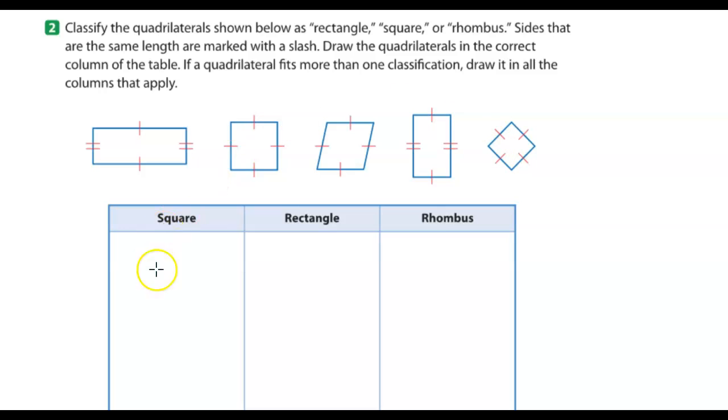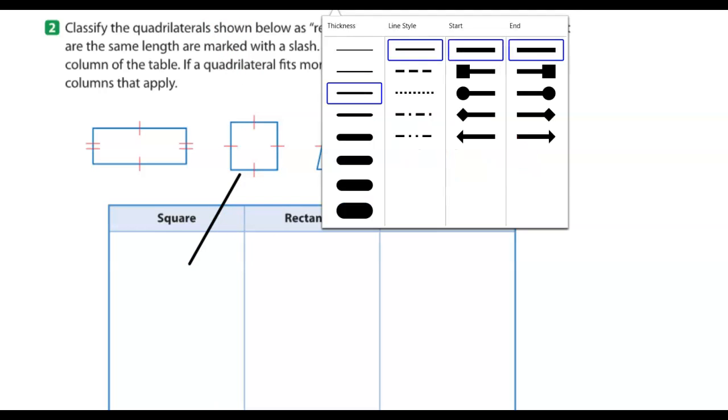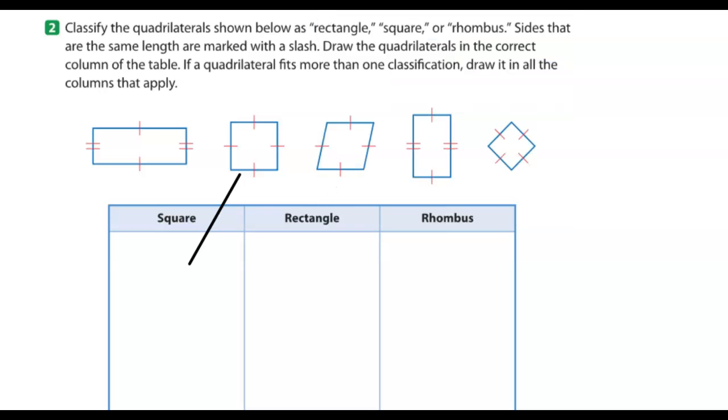All right, so for square, remember a square must have 4 equal sides and 4 90-degree angles. So it would be this one. Let me change. Will that do it?